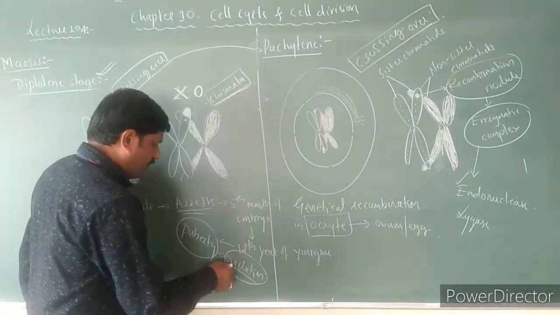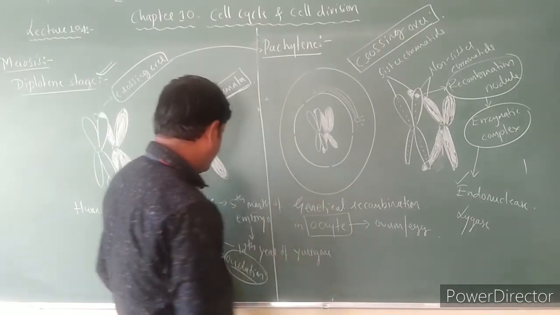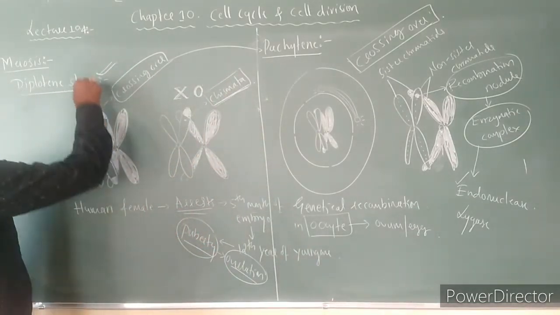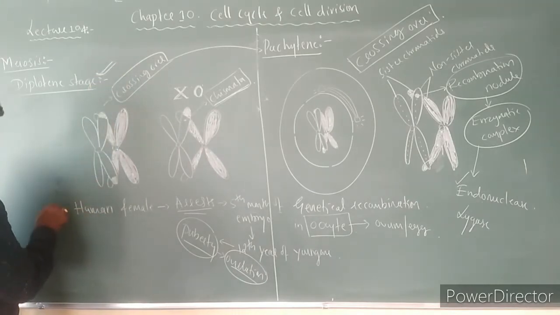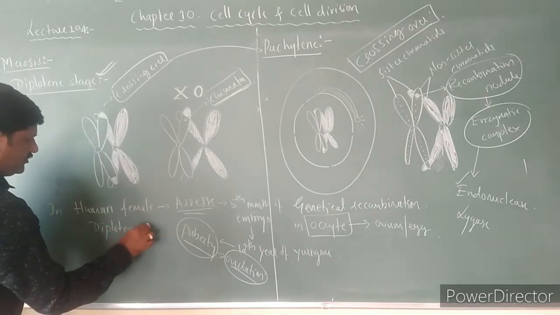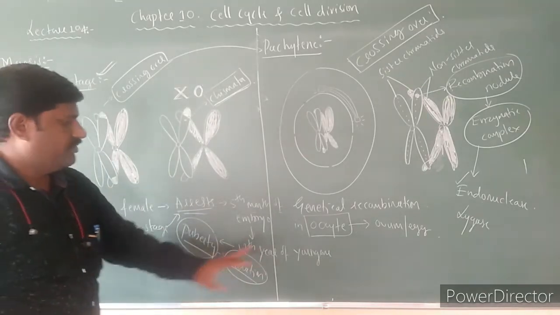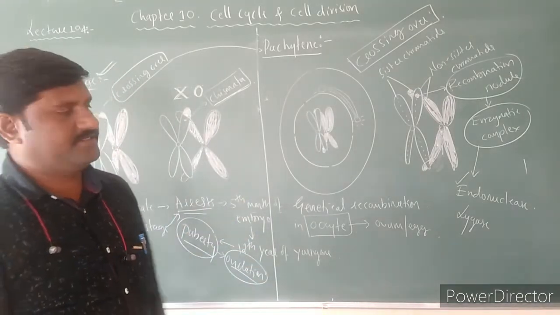Up to ovulation or puberty, what happens? It arrests. Arrest means the floating stage. It arrests in the human female, up to 12 years in case of females.